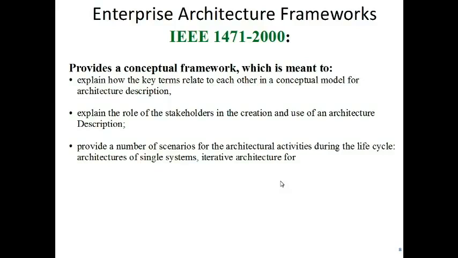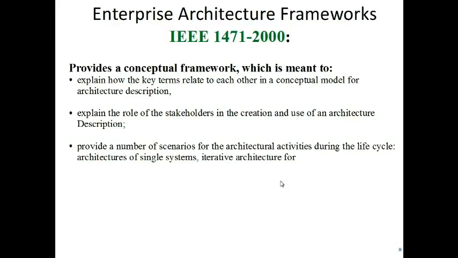In more detail, IEEE provides a conceptual framework which is meant to explain how the key terms relate to each other in a conceptual model for architecture description. It explains the role of the stakeholders in the creation and use of an architecture description.